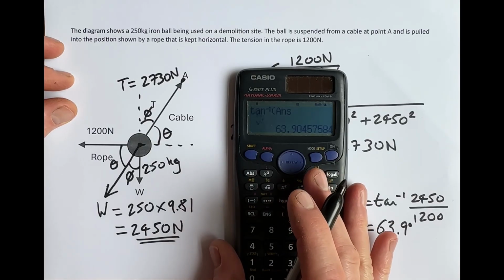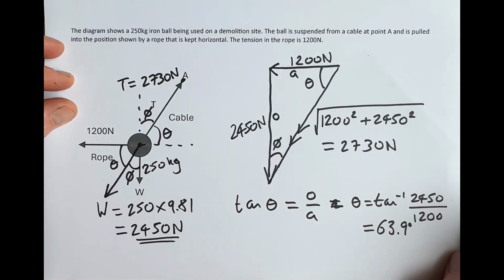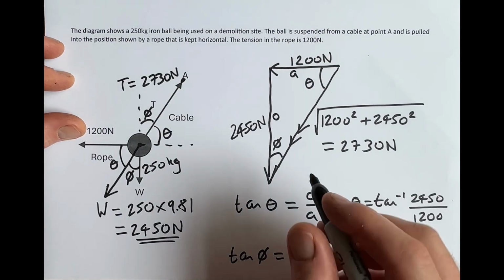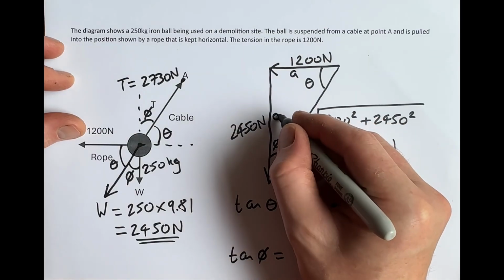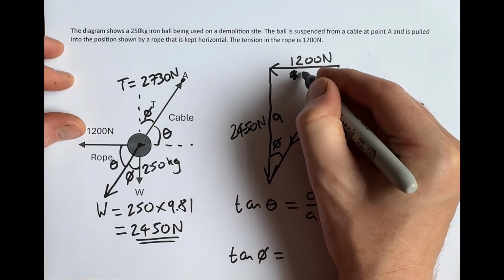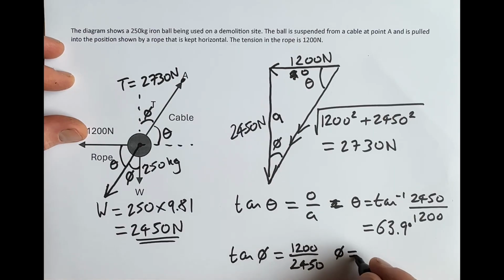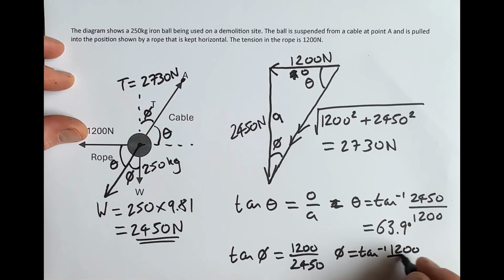Okay, so 63.9 degrees. And now if we work out phi, we know that tan of phi is going to be equal to, again, opposite over adjacent, but this time that's the adjacent and this is the opposite. So opposite over adjacent this time is 1,200 over 2,450. So therefore phi is going to be equal to tan to the minus 1 of that.